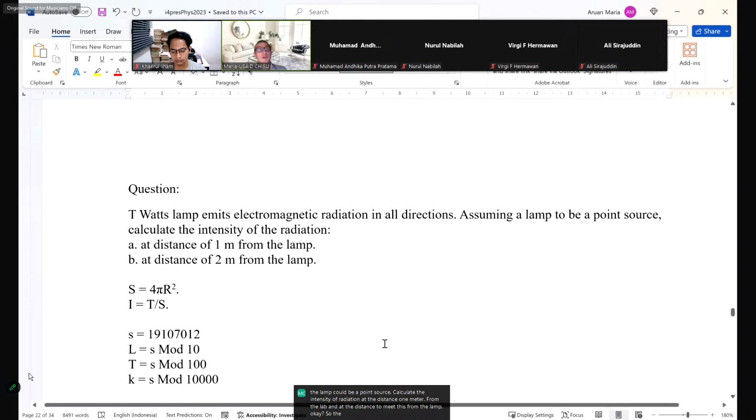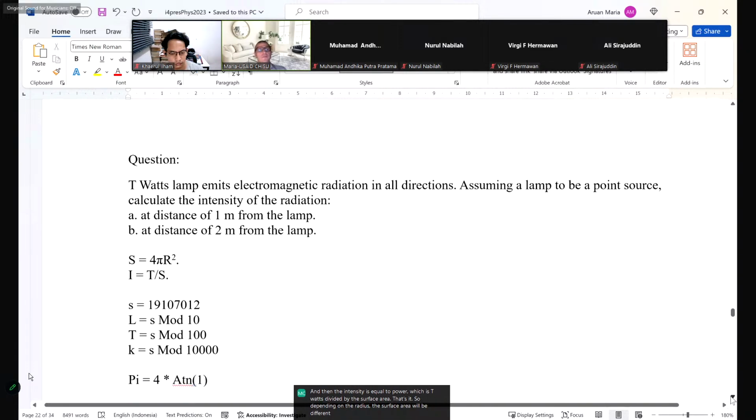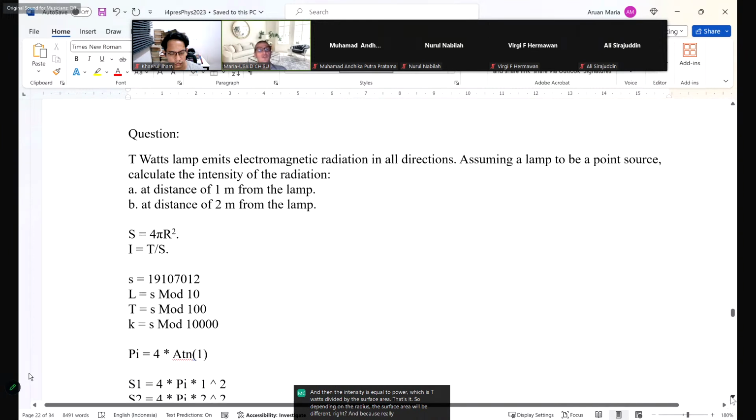So the surface area of the sphere is 4 pi r squared, where r is the radius of the sphere, right? And then the intensity is equal to the power, which is T watts, divided by the surface area. That's it. So depending on the radius, the surface area will be different. And because the radius changes from 1 meter to 2 meters, the surface area will change 4 times, because 1 squared is 1, but 2 squared is 4.